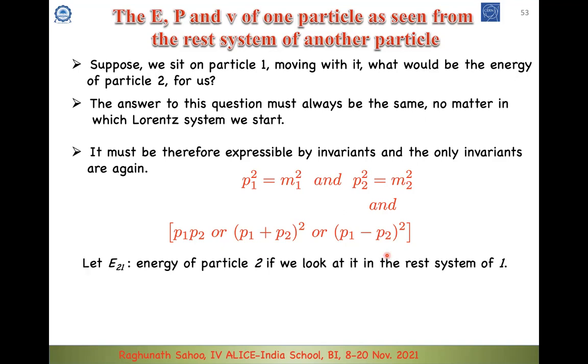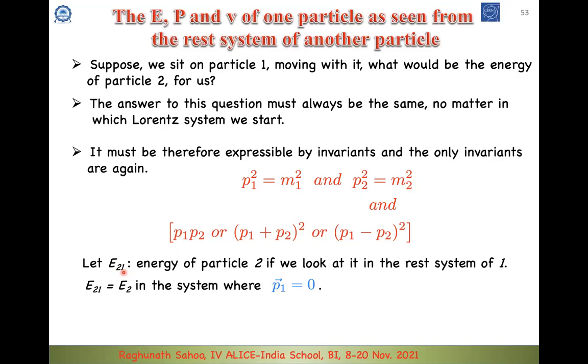Okay, so let E21 be the energy of particle 2 if we look at it in the rest system of 1. So the energy of particle 2 when we look at it from the rest frame of 1, or sitting on particle 1. Let me write E2 for simplicity, in the system where p1 is equal to 0.